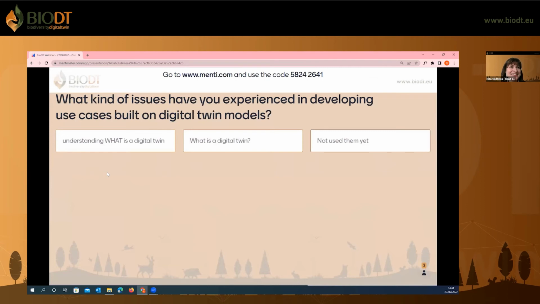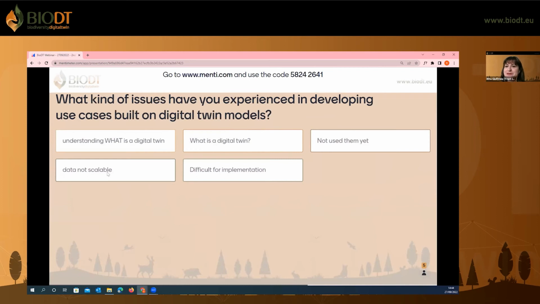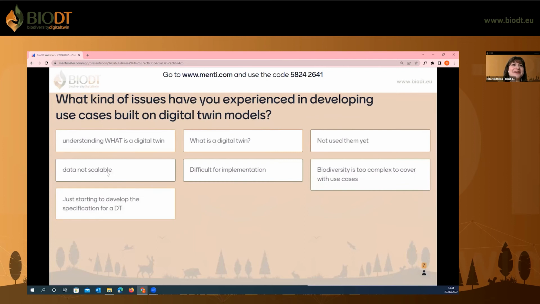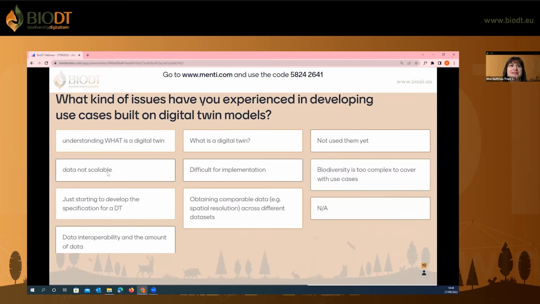Okay, so I see that the most difficult thing is really about understanding how to build the model, which is not very easy. Then another point is about the complexity of biodiversity, because it is so wide that it is very difficult to cover with use cases.